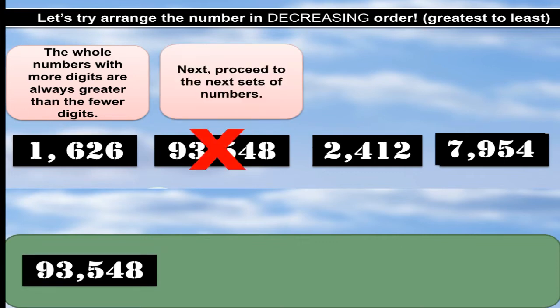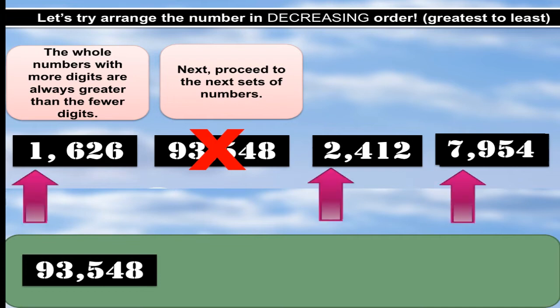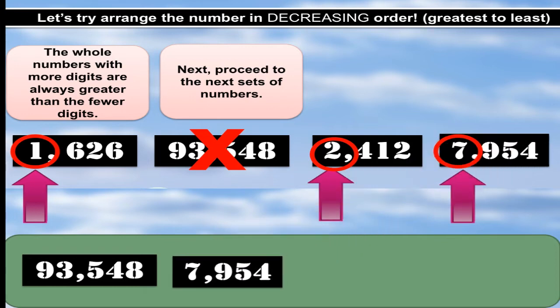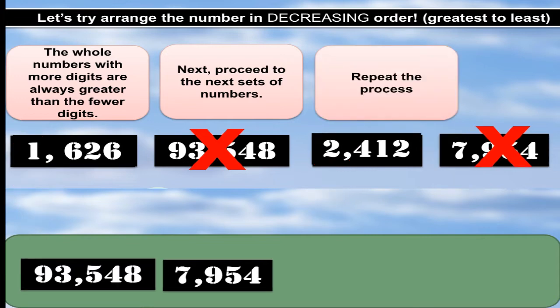And then, next, we need to proceed to the next sets of numbers. Let's again compare 1, 2, and 7. 7 is greater than 1 and 2. So the next number would be 7,954. Let's cross that out and then compare.